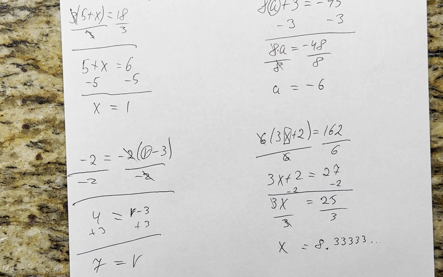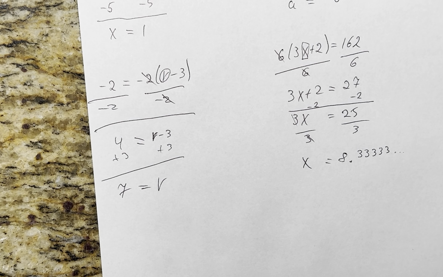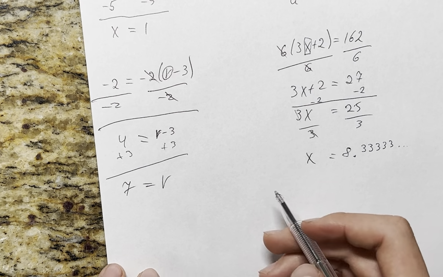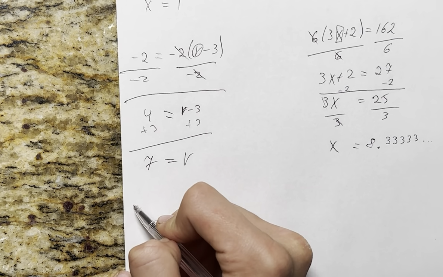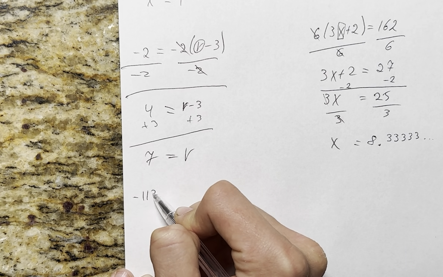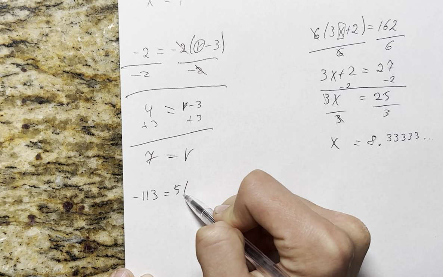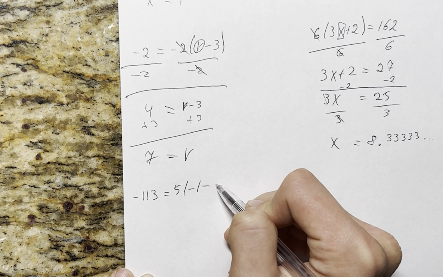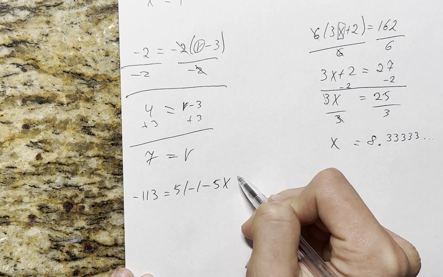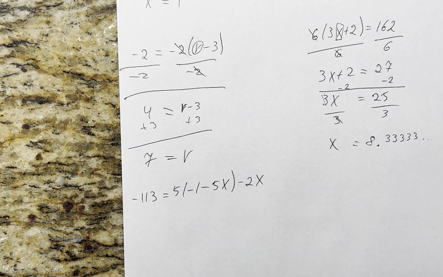Well, the next problem would be, let's do this one right here. Negative 113 equals 5 times negative 1 minus 5x minus 2x.